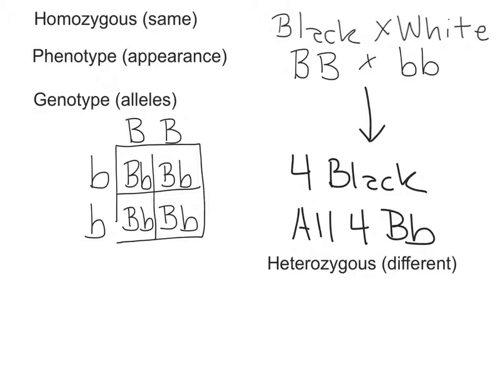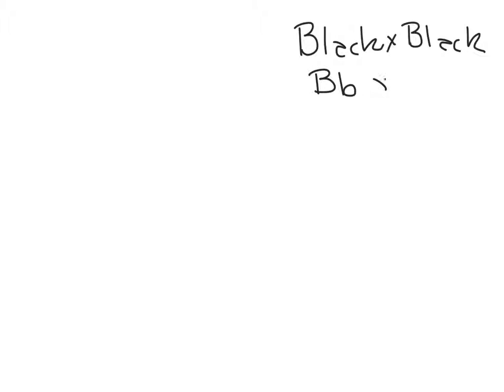Now let's take a look at what would happen if I took 2 of those heterozygous offspring and then crossed them. So their phenotype, remember, is still black. So I'm actually crossing a black with a black, but their genotype, they were different, big B and a small b, so they were actually heterozygous.